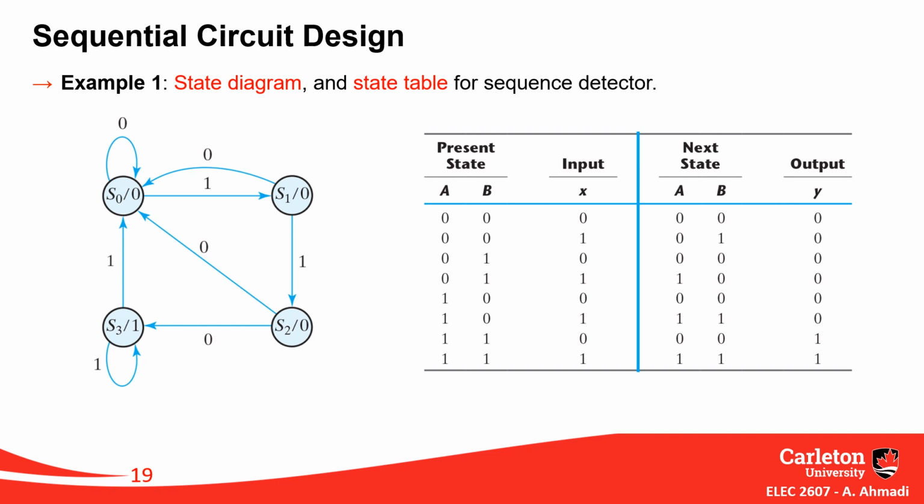If you receive 0 after each 0, it will stay at the same state. The first one will transfer your state to S1. At S1, if you get another one, you go to S2. But if you get 0, it means that the one you have found is useless and it needs to go back and start over.